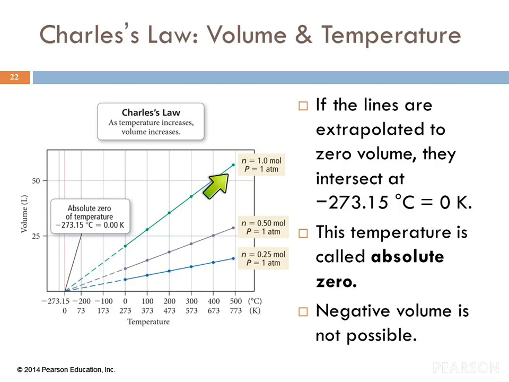As the temperature decreases, the volume decreases. And you get to this point where the volume is zero. And that's absolute zero. Can the volume of a gas get smaller than zero? No. That is the theoretical lowest temperature. It's called absolute zero. So that is where the minus 273.15 came from. It's where those lines intersect. And this has been done many, many times, and it always intersects at the same place.